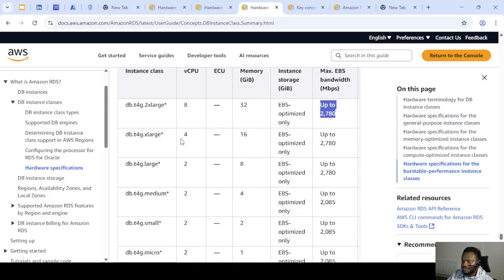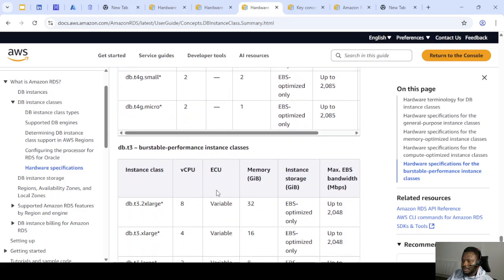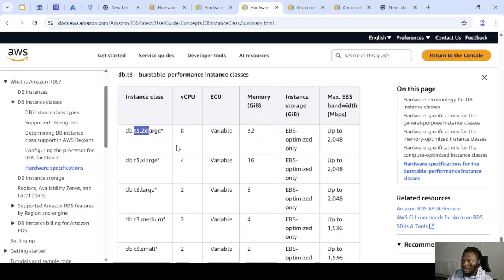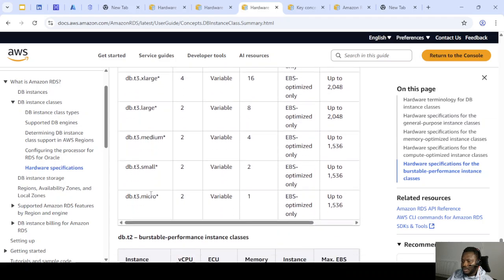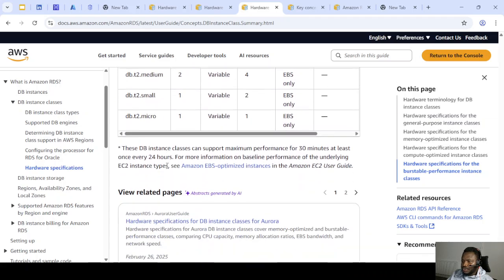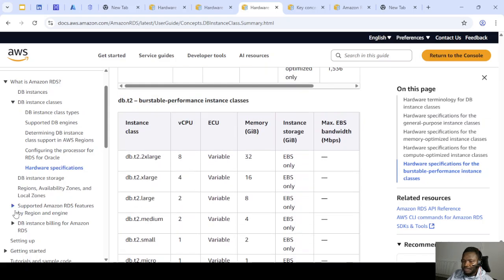So these are the things you're going to be looking at. Why do you decide to choose a DB T4G XLarge? Because of the hardware specifications, right? So that's like this T3, okay? That's T2.